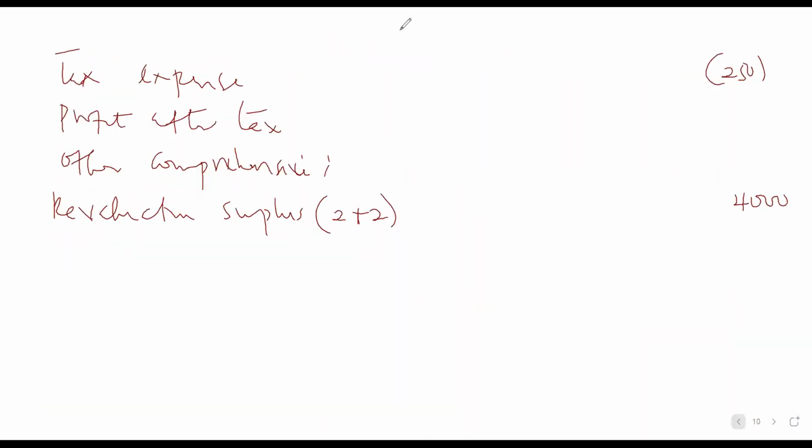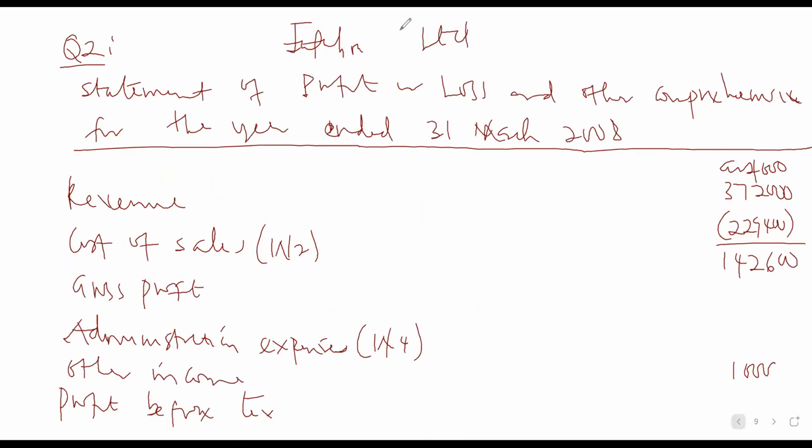Okay, so our admin expenses will now be a subtraction, 122,732. Okay, so what will be our profit before tax? I'm getting 20,868.